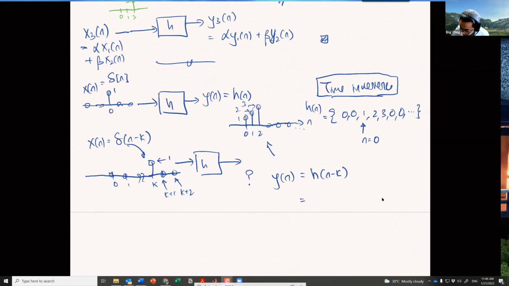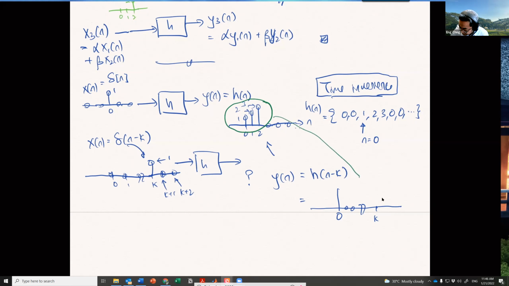And therefore, what do you think it should be? It will be 0 here, 0 here, 0 here, until k. At the value k, we look at our original response and copy it here. So what should the response be? At k it would be 1, 2, 3.